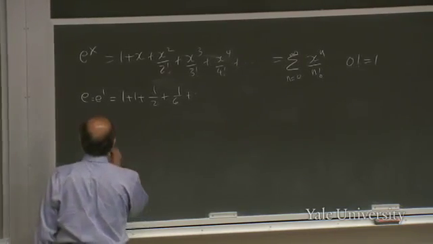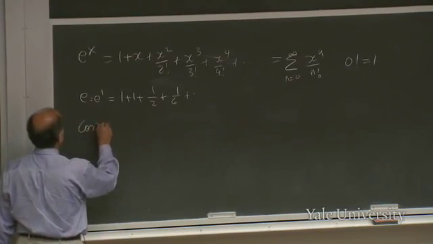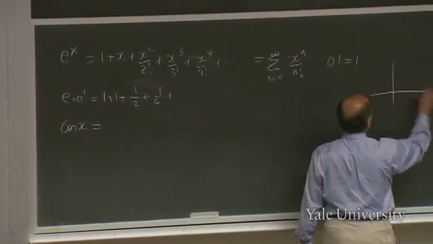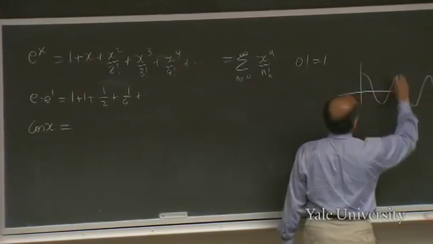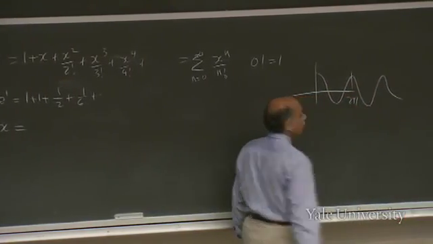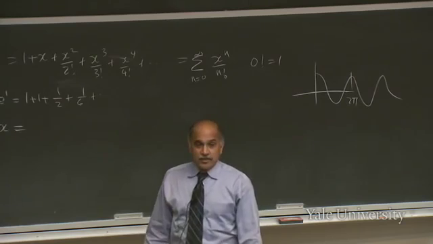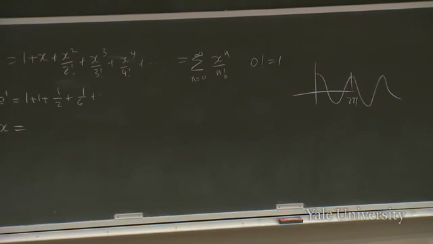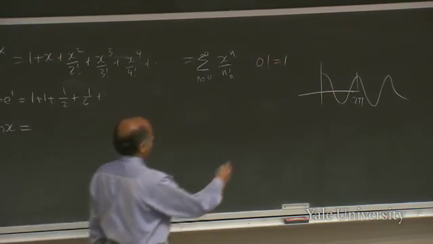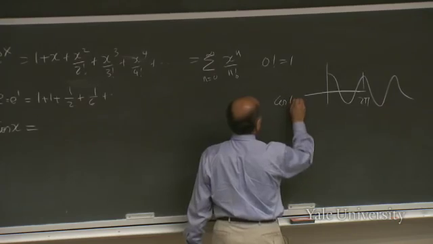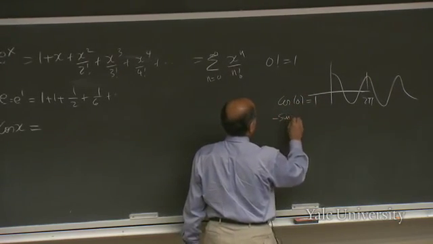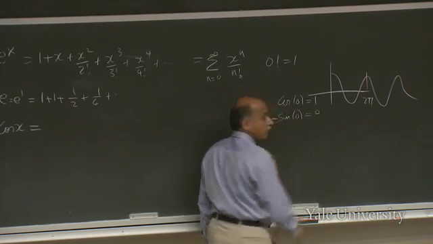All right, then we take the function cosine x. Now, cosine x we all know and love is this guy. It has got a period of 2 pi. But we can write a series for it because it's a function. And what do I need to know to write the series for it? I need to know the value of the function at the origin. So we know cosine of 0 is 1. If you take the derivative, you get minus sine, and its value at 0 is 0.